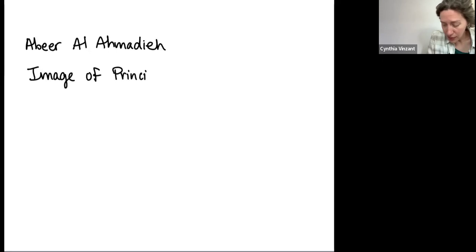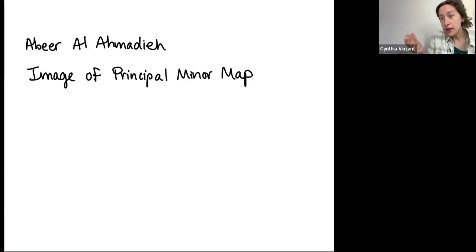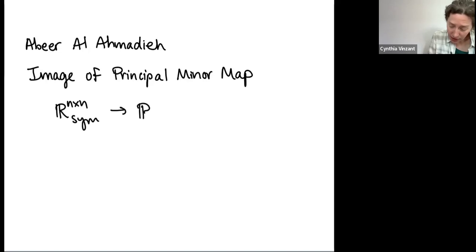And it's a beautiful story. You take the space of n by n matrices, or maybe you restrict to symmetric matrices, over your favorite field, and look at its image in R to the 2 to the n and ask, what are the relations on this?